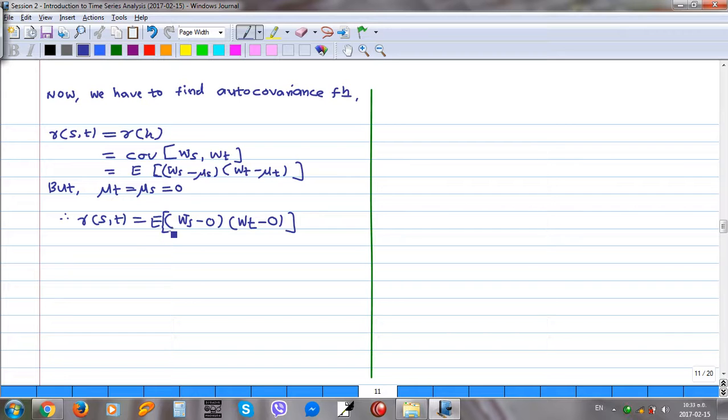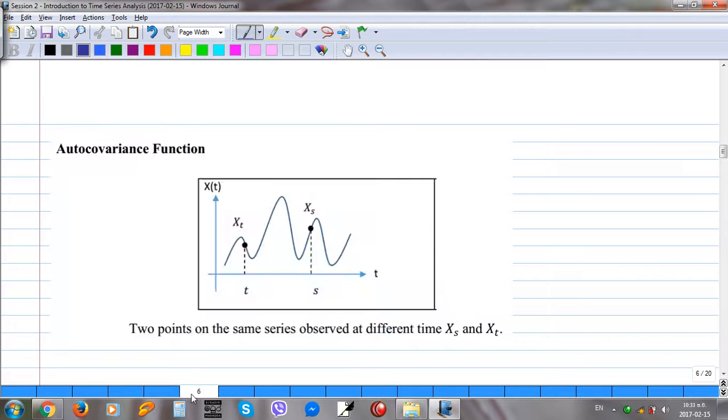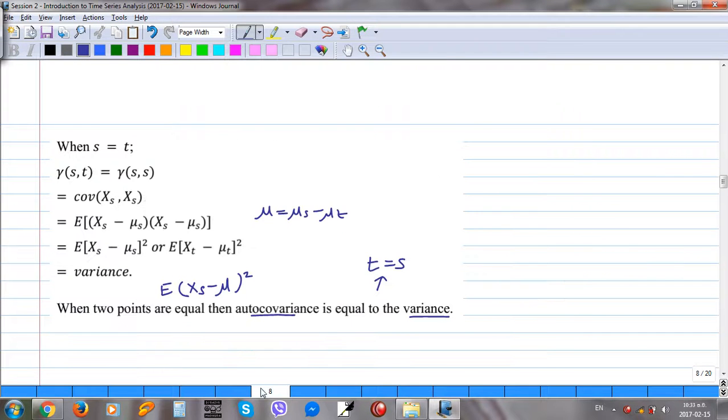So remaining is w s minus 0, which means w s, and w t minus 0, which means w t. Now we got the function gamma s comma t equals expectation of w s w t. And now we have to find what happens when s equals t and what happens when s does not equal t. Now we are going to process this part in our example.